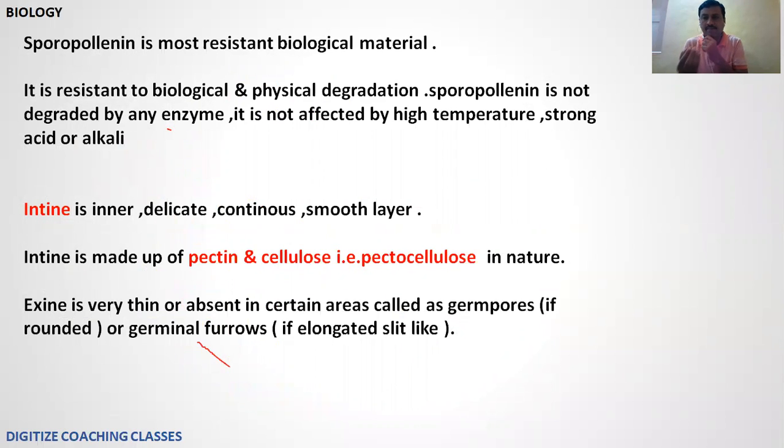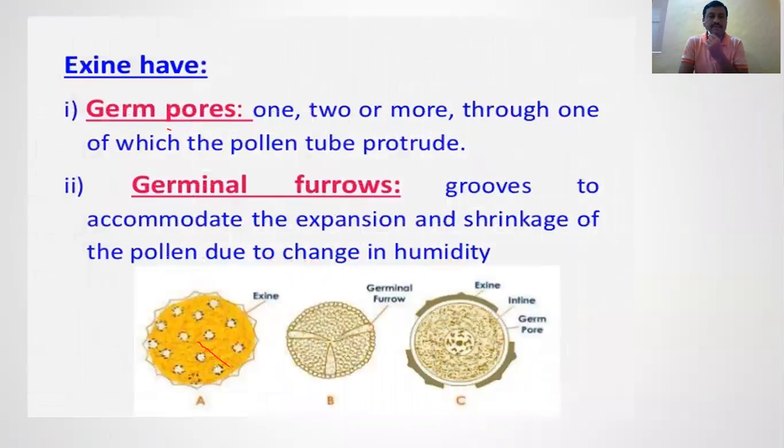It may be rounded, or a germinal furrow, which is an elongated, slit-like structure, like a crack. It is also called the germinal furrow or slit-like. Germinal furrows are one, two, or more openings through which the pollen tube protrudes.